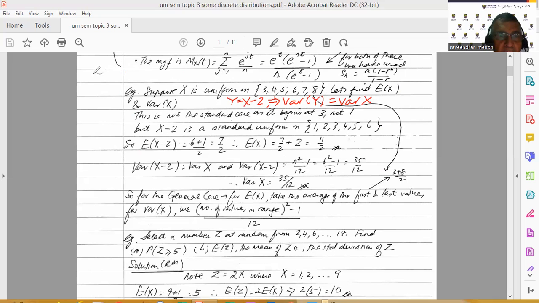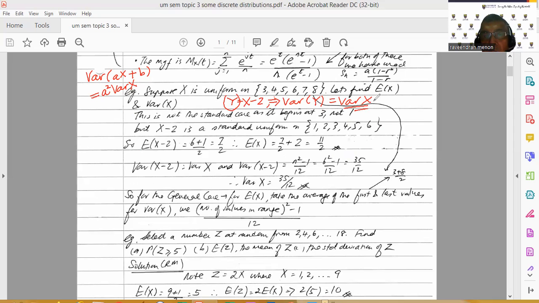Now, if you remember, I gave you a formula some time ago: the variance of ax plus b equals a squared variance of x. Same idea, except that now a is 1, so 1 squared is 1. So the variance of y here is the variance of x.